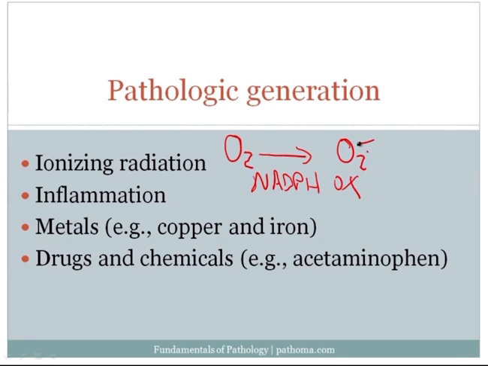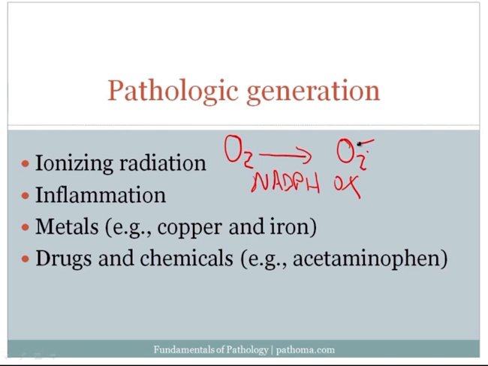And so that's the very first step. Superoxide will very quickly be converted by superoxide dismutase to hydrogen peroxide. And then hydrogen peroxide is converted by myeloperoxidase to form bleach, or HOCl. We'll discuss the additional reactions later when we do our section on inflammation.